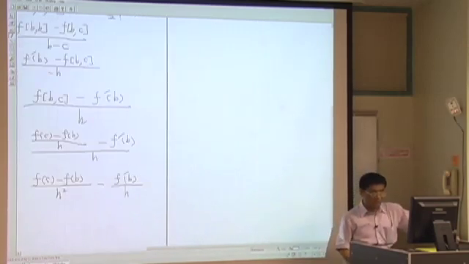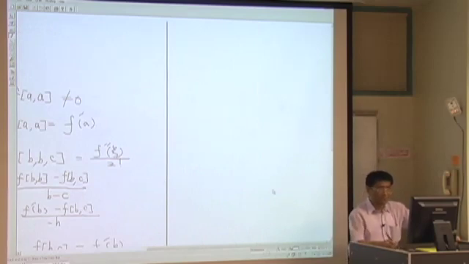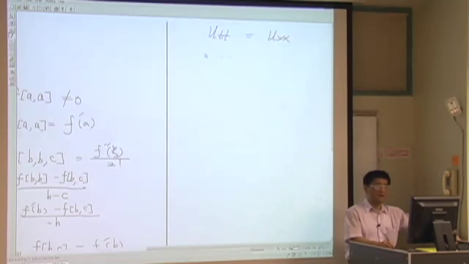So I will write the differential equation one more time. UTT equals UXX is the one that you want to solve. Then, essentially the idea is this: C squared equals C squared, right?